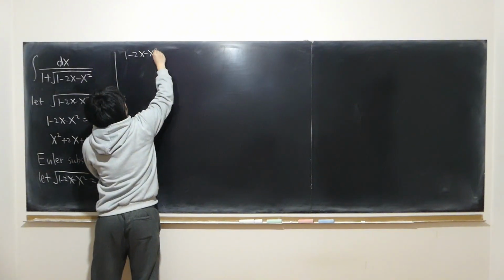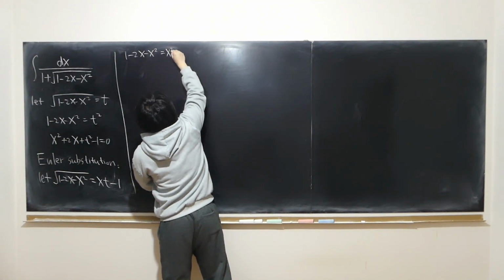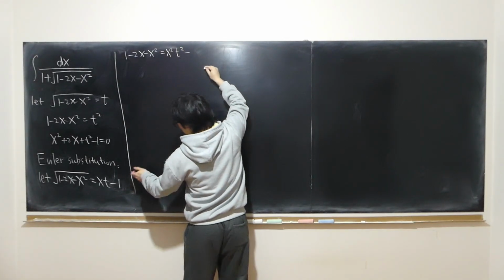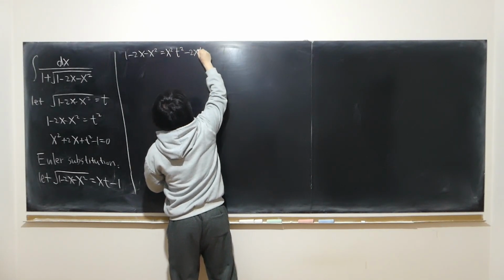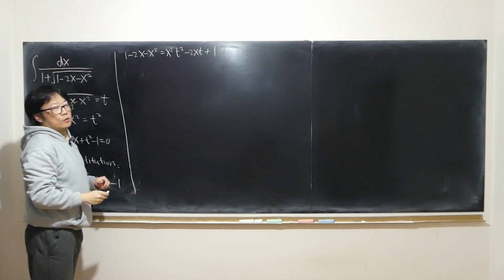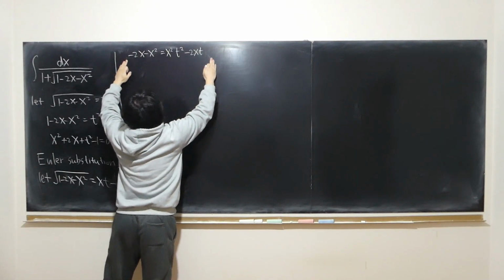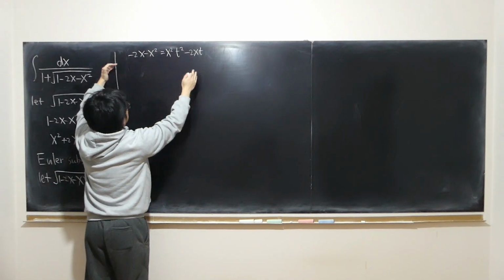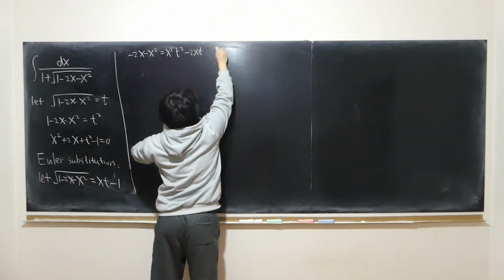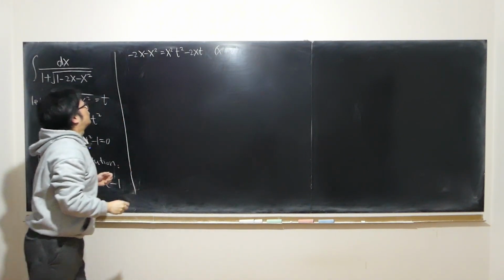Minus x squared equals x squared t squared minus 2xt plus 1. So the ones cancel out. Here we can maybe cancel out x if x doesn't equal 0, got to be careful about this one.